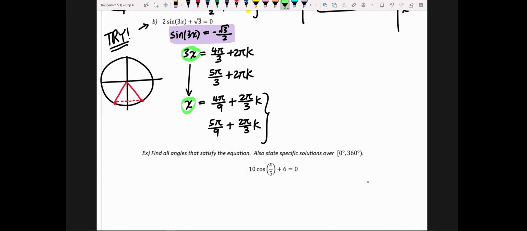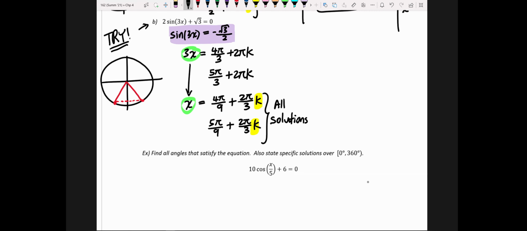So if we just said 3x is equal to 4 pi over 3 and 5 pi over 3 and then divided by 3, we would only get 2 solutions when there's actually 6 solutions that satisfy the equation. So now we're seeing why it's mandatory to always find all solutions first.